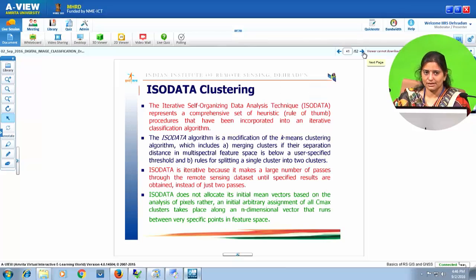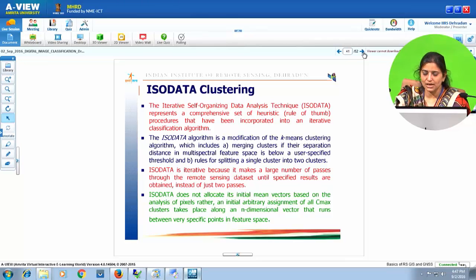The next unsupervised algorithm is ISODATA clustering. ISODATA stands for Iterative Self-Organizing Data Analysis Technique. ISODATA represents a comprehensive set of rule of thumb procedures that have been incorporated into an iterative classification algorithm.